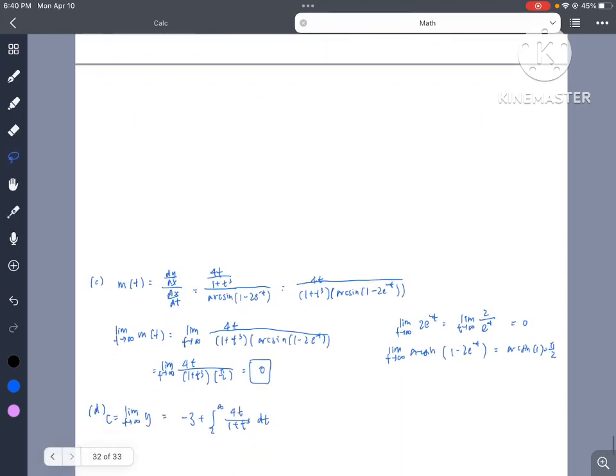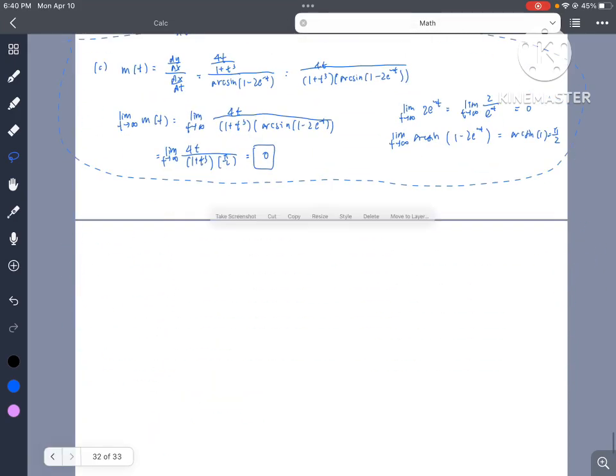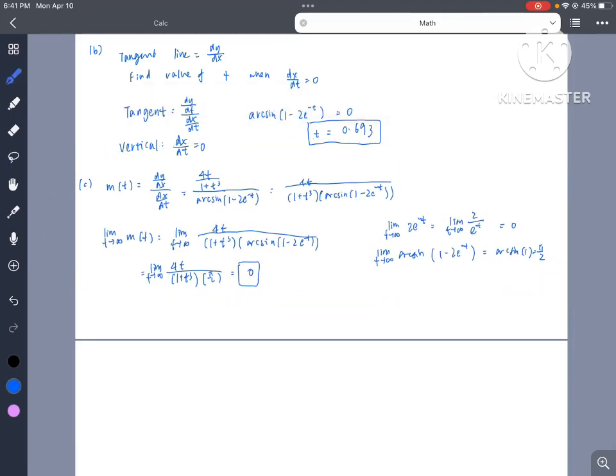So in order to solve this question, we put dy over dt over dx over dt. So we just have this expression, and then we can turn it into a simpler fraction by moving this into the denominator of the first one. And we can find the limit of this expression as t approaches infinity.